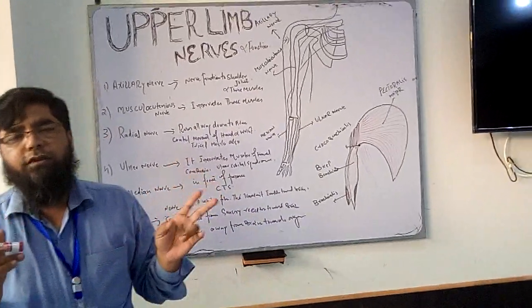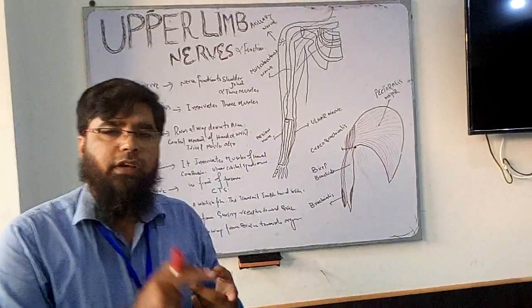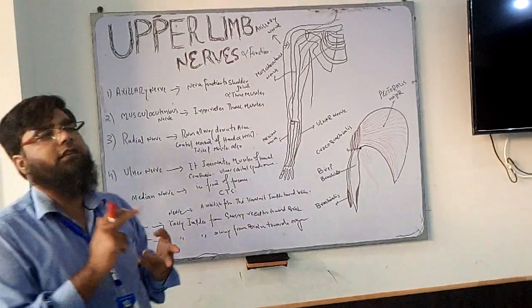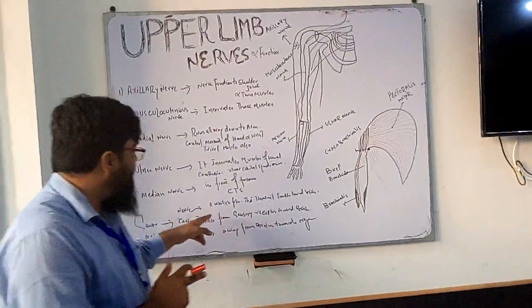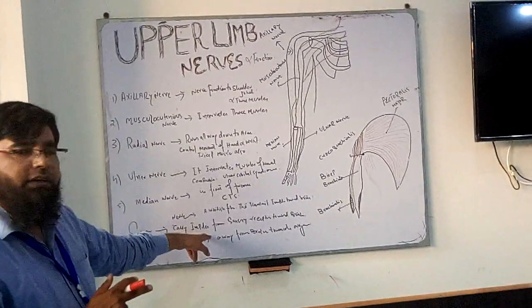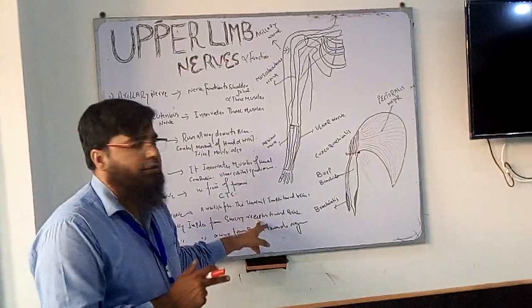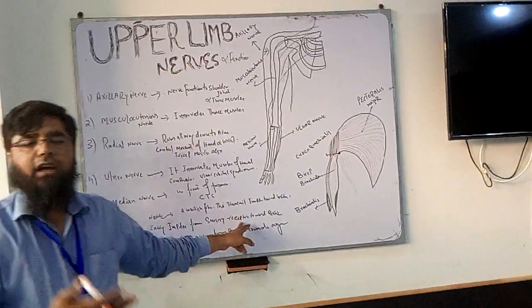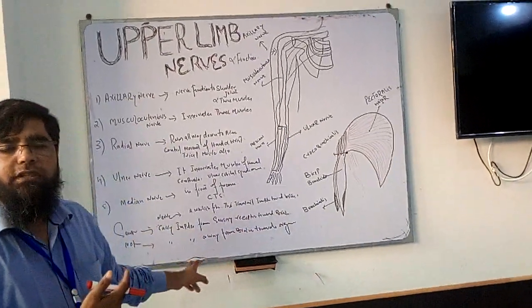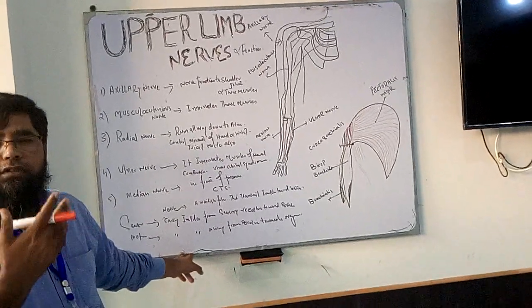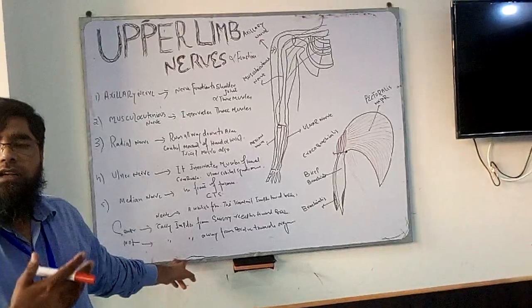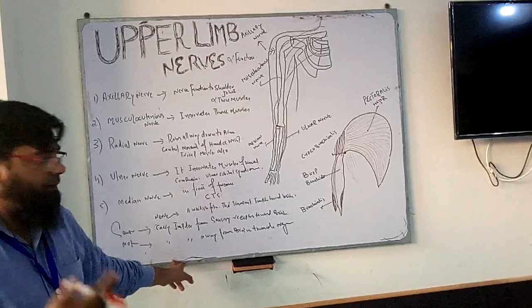Now there are two types of nerves: sensory nerves and motor nerves. The sensory nerves we call afferent nerves. These nerves carry impulses from sensory receptors towards the brain. And the second type is called motor nerves, also called efferent nerves.